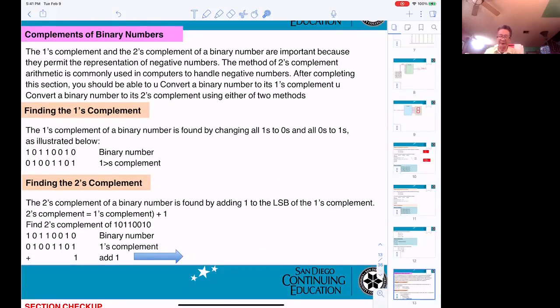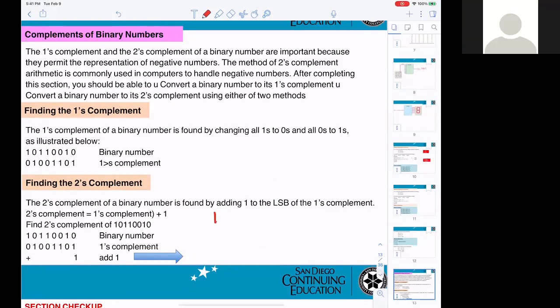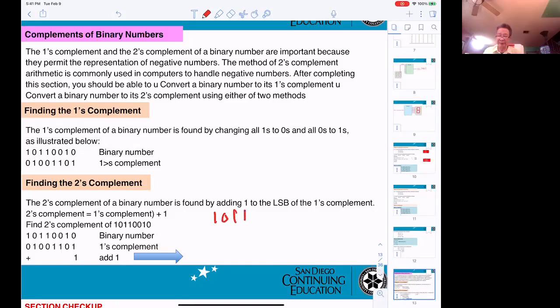Who gets the second? Okay, you get the number 1, 1, 0, 1, 1, 0, 0, 1, 0.